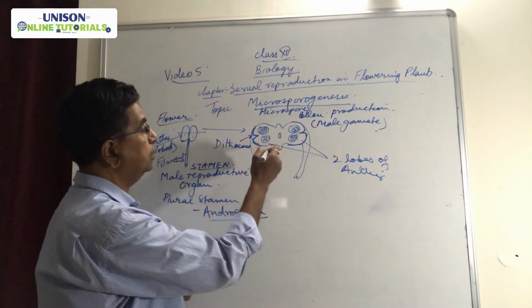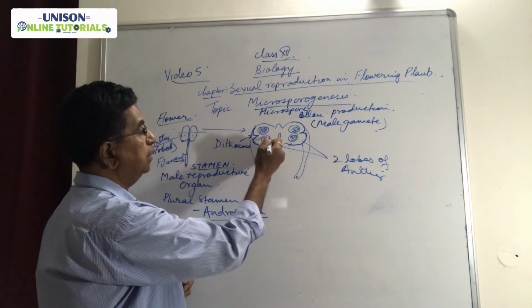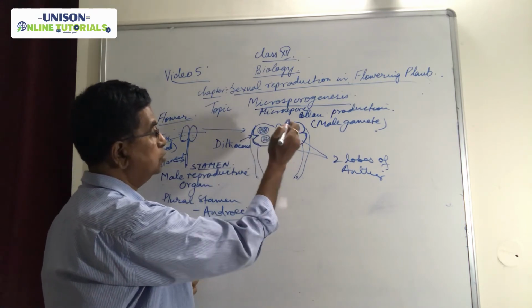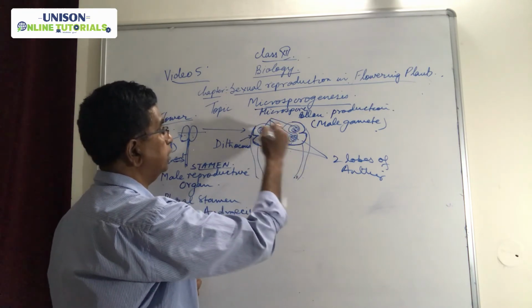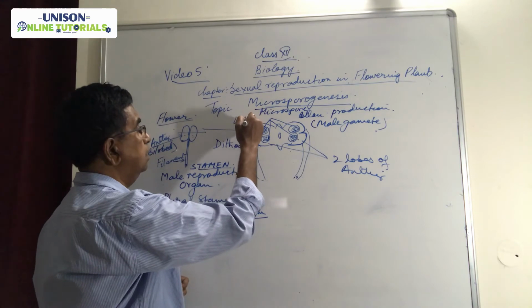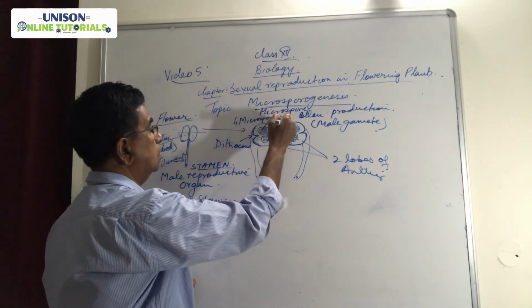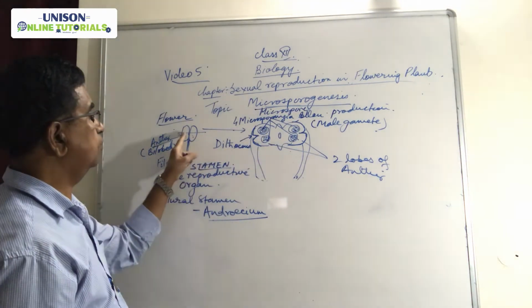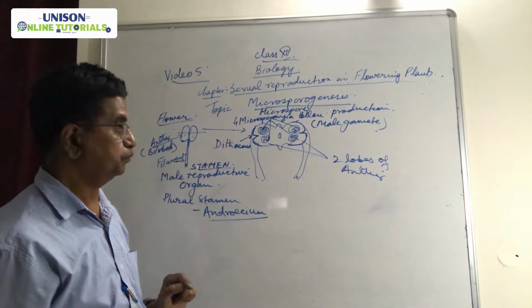Each lobe has got two microsporangia. These are the two microsporangia in this lobe and two microsporangia in this lobe. So altogether there are 4 microsporangia in the bilobed anther.